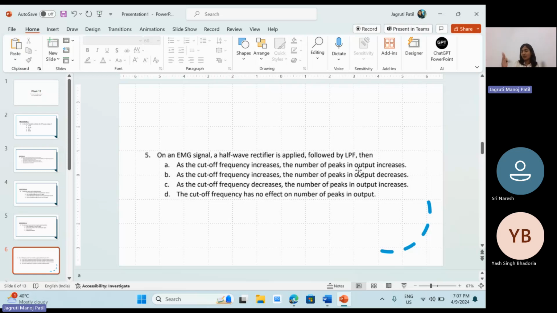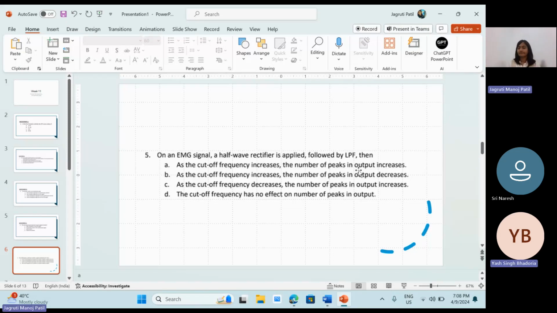Is it B? It's A, so it increases. The cutoff frequency is confined towards the low frequencies to filter the low frequency components. Now your filter response is increasing at higher frequencies, and then you have a half wave rectifier. It will have some values at certain frequencies, but the number of peaks with respect to frequency will increase.